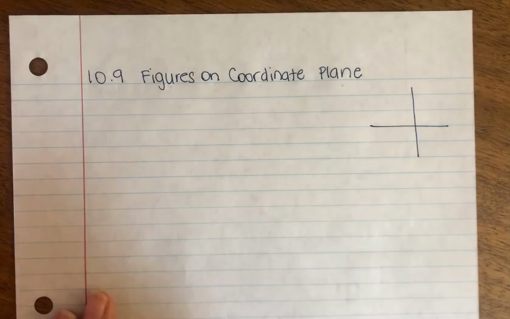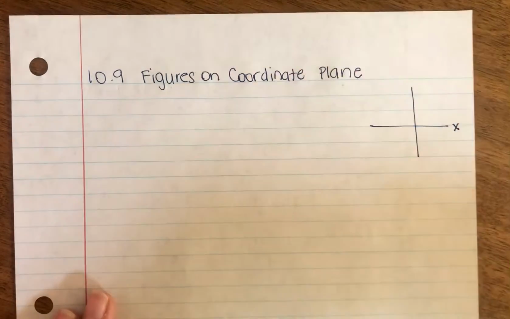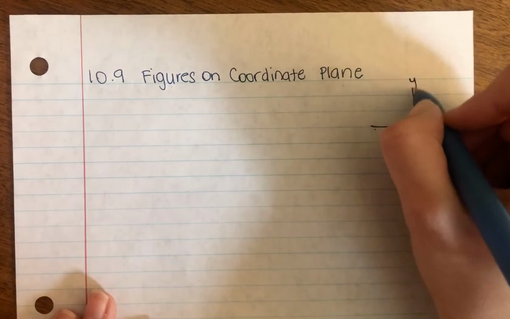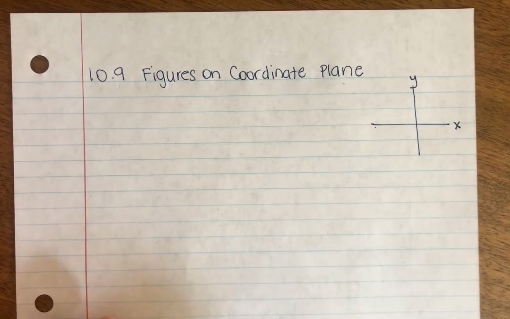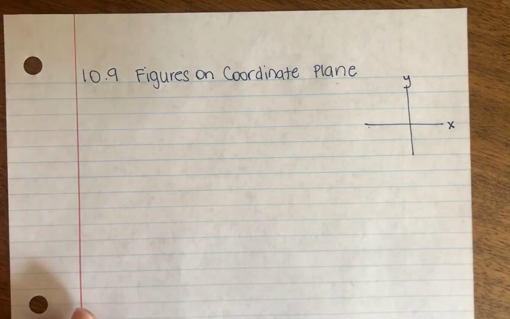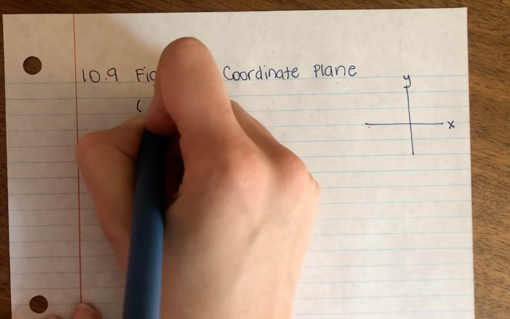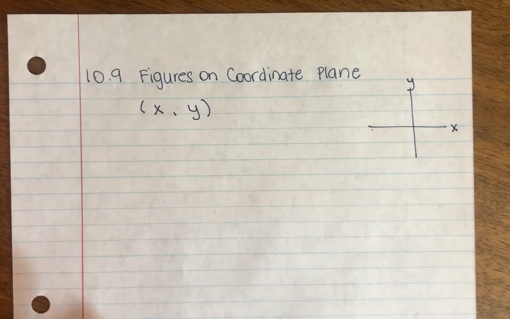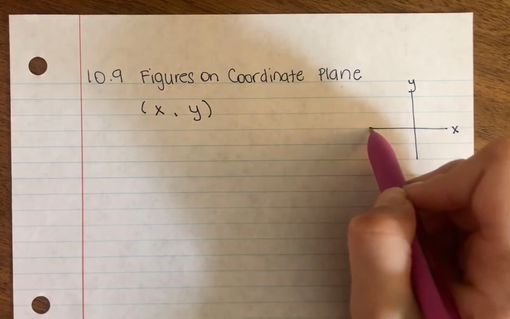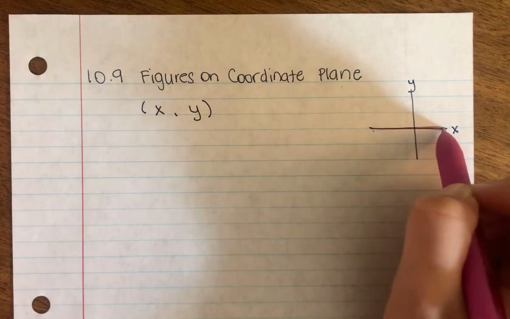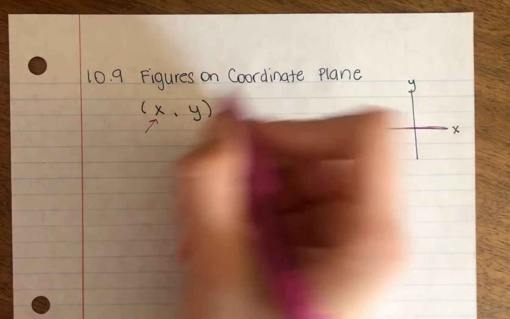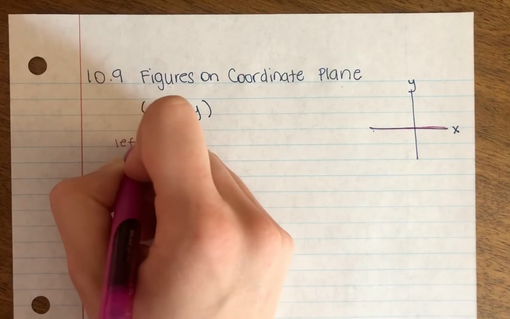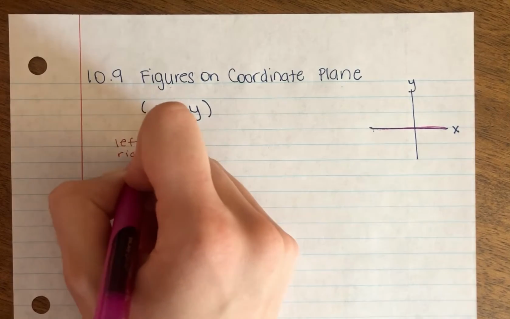is our XY grid. So remember, X is left, right, Y is up and down. So before we do figures on the coordinate plane, let's remind ourselves how we plot a point on my coordinate grid. The first number we call X, and since X is our horizontal axis, X is always going to be going left or right.